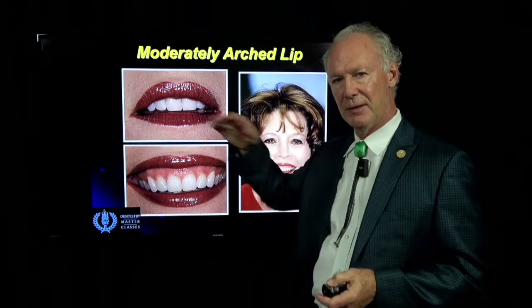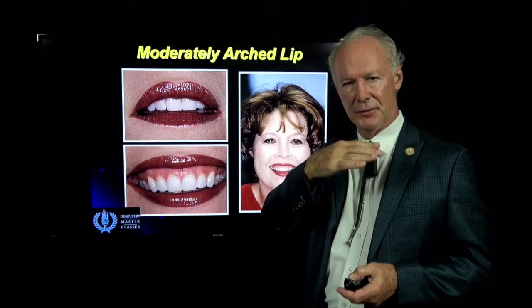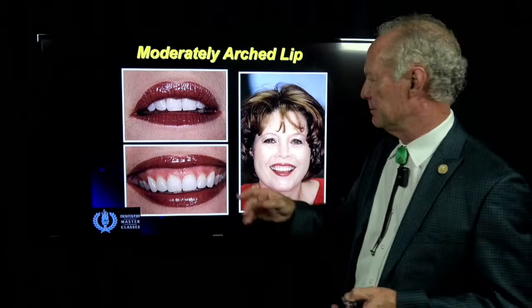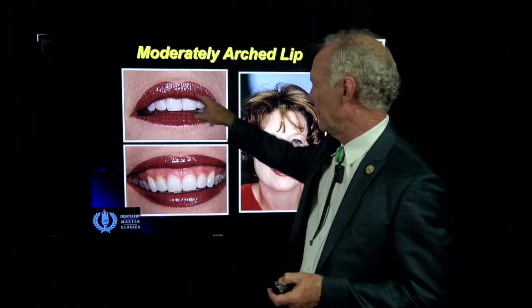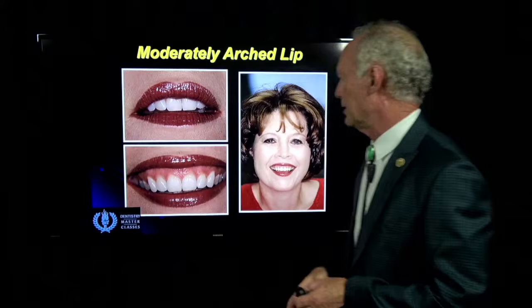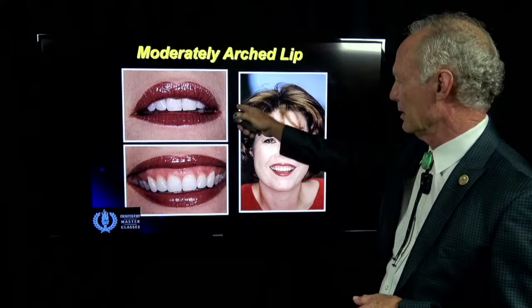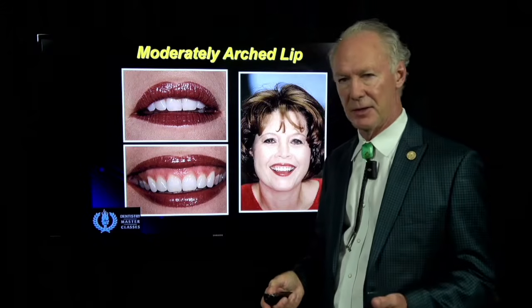So the flat lip with lip in repose displays a minimum amount of tooth structure, but it does display some tooth structure. A moderately arched lip displays about half the tooth when the lip's in repose. And most models, as I've studied this for years, have a moderately arched lip.